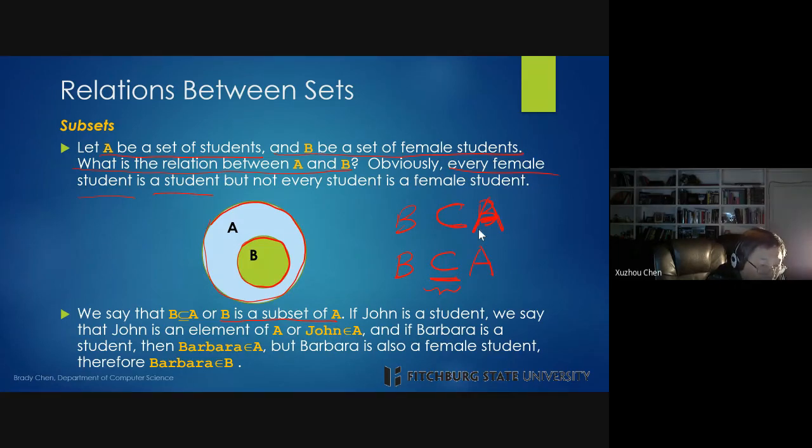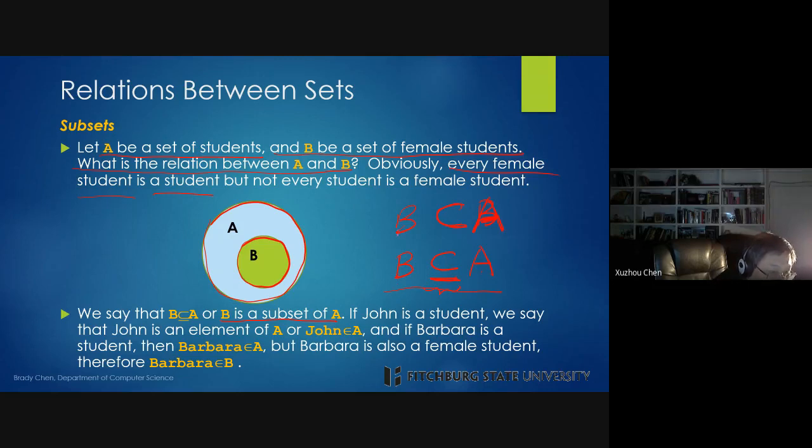Normally there's not much difference, but in certain cases, in the bottom case, people also include the case where B is actually the same as A. So that means B is a subset of A or B equals A, including A.